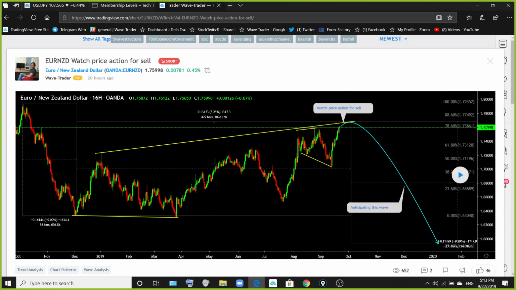So price can slightly push higher, or the euro can slightly push higher, before going to drop. You can simply say that price can retrace up to 100%. I'm showing you a sell setup at 786, so I need to watch the price section at 786 for a drop.